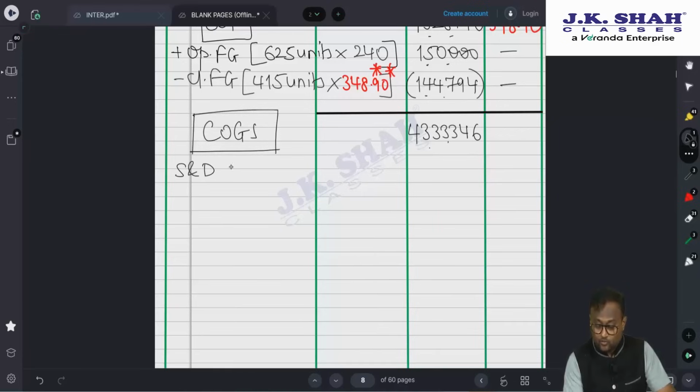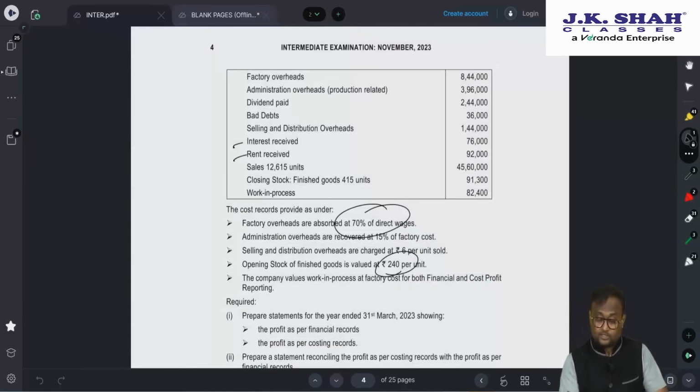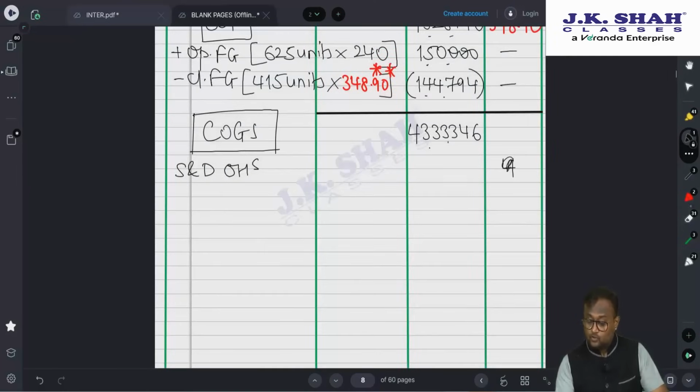And after that, I need to go for selling and distribution overhead at the rate of 4, if I am not wrong. No, it is 6. After that, I am supposed to go for selling and distribution overhead, which is 6 per unit.